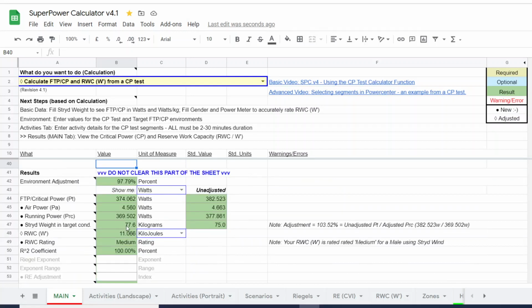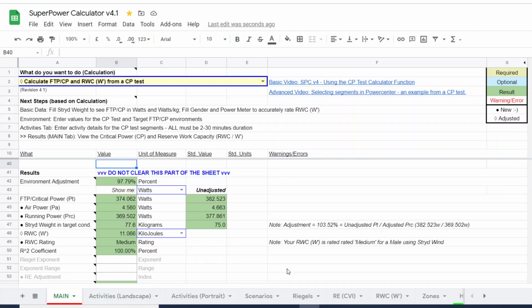So we scroll back down. Now look. Now it says the weight setting should be 77.6 kilograms. And that is because your threshold power, your critical power, minus the air power, and with the warmer, more humid conditions on the treadmill, the threshold effectively is 369 watts.